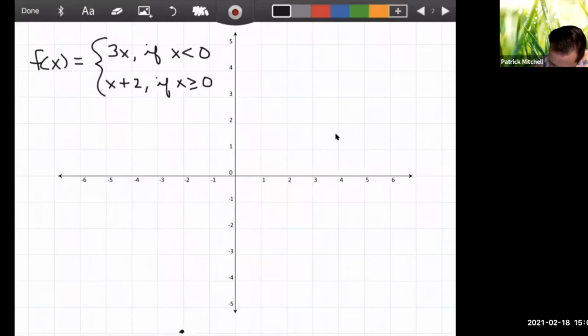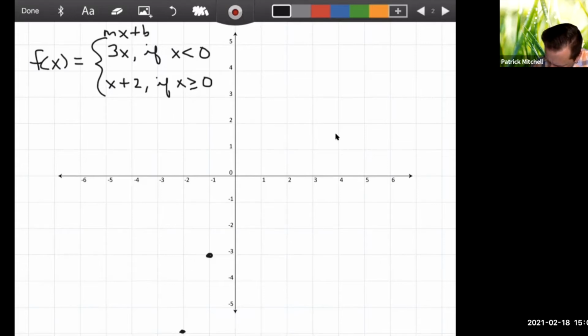I've got to find a better grid than this one. -1, -3. Okay. Now we know that f of x equals 3x is a straight line, right? It fits the form mx plus b. Okay. So really, technically, all I need is 2 points.